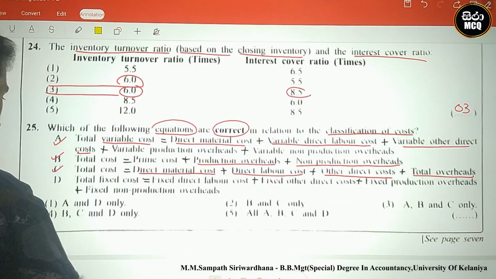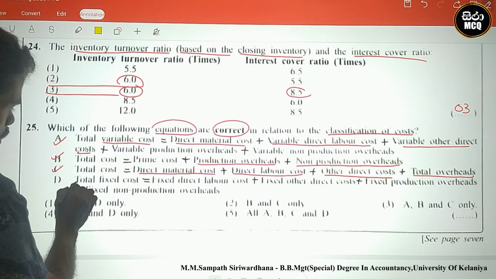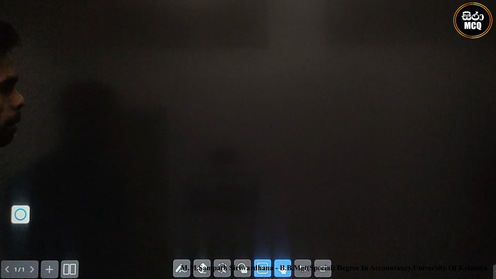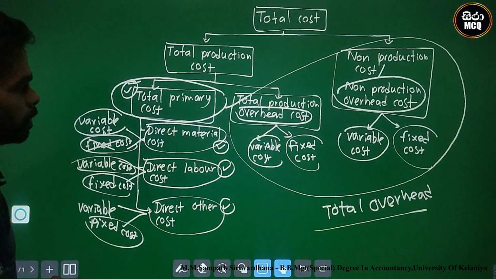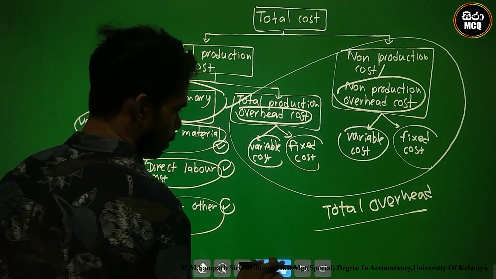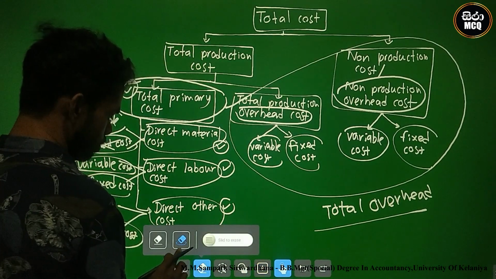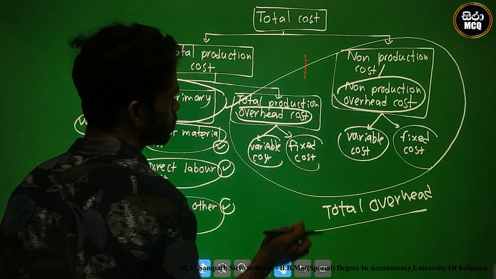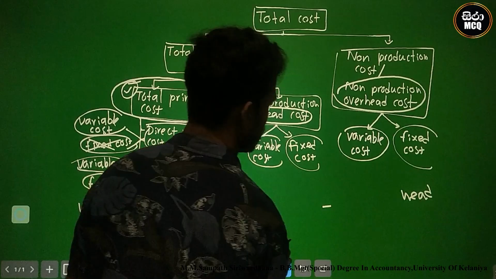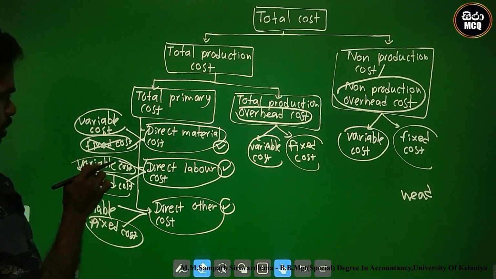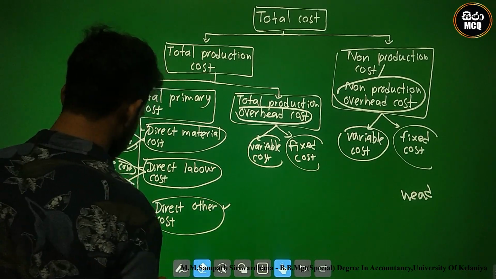This one is okay. See, look here, total fixed cost. You must identify all the fixed costs in this categorization. Look here, there are fixed costs. There is a fixed cost there.